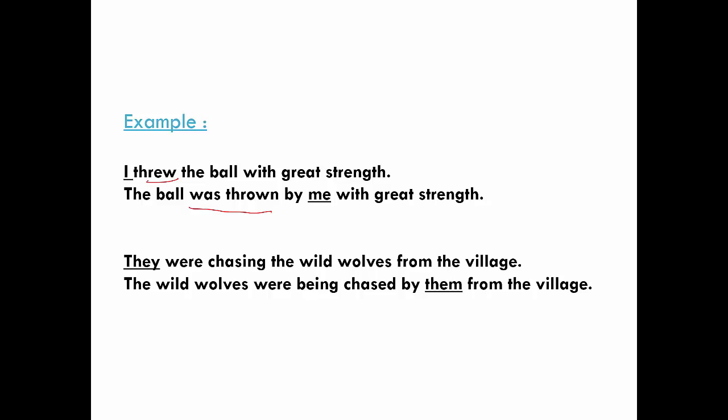The ball here is a singular subject, and therefore the helping verb is was. The ball was thrown by me with great strength. Can you see that the I has changed to me here? This is the change I was talking about in the table which was shown to you previously.